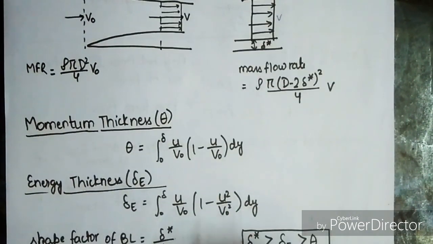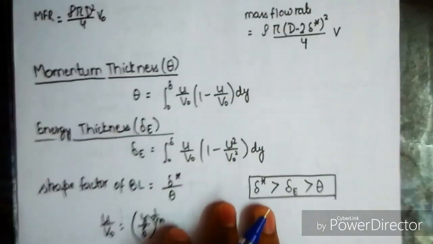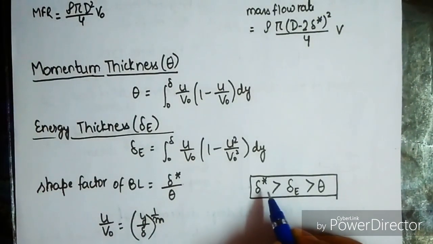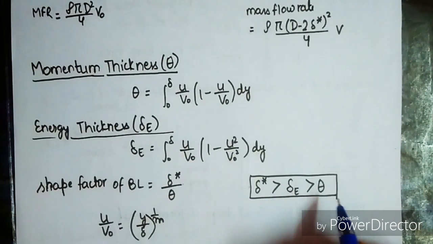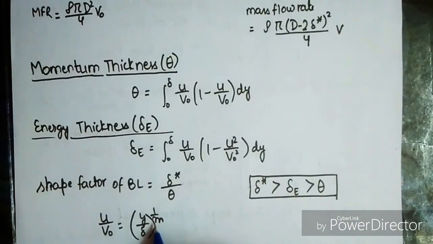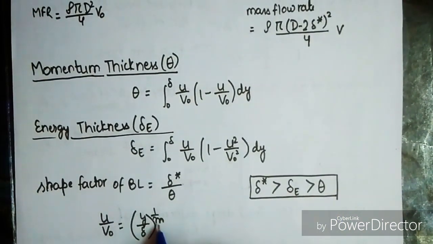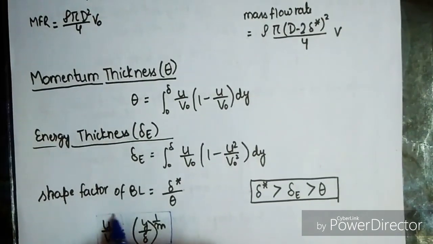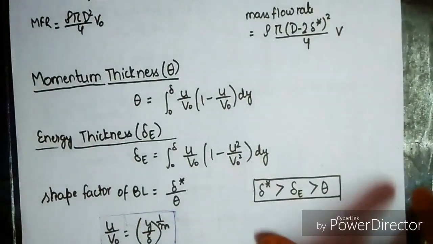Now the shape factor for the boundary layer is delta star, that is displacement thickness, upon momentum thickness. We must remember that displacement thickness has the greatest value, then the energy thickness, and the least is the value of the momentum thickness. Now u upon v naught equals y upon delta raised to the power m, sorry, 1 upon m. Usually this expression for velocity is provided in the questions.